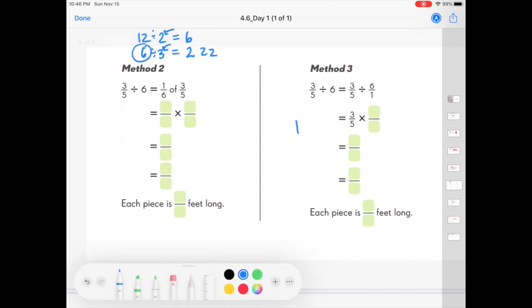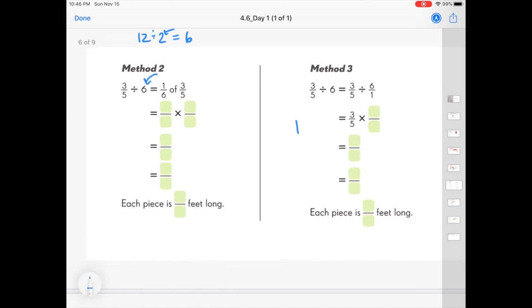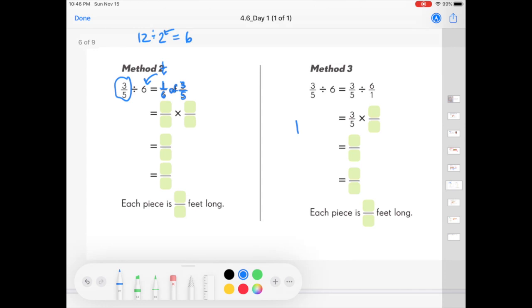The same holds true if we are dividing with a fraction. In this problem, it says 3/5 divided by 6. Well, I'm going to take a sixth of 3/5. If we write that in numbers and words, a sixth of 3/5, we know that of in math means to multiply.